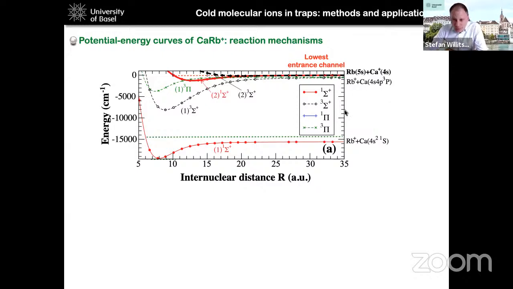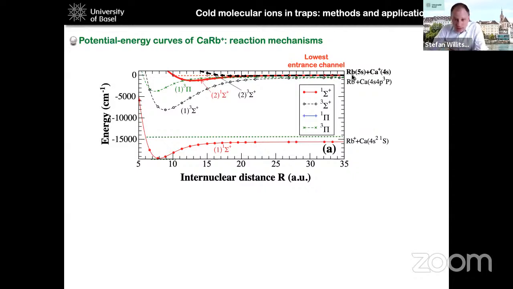And with every one of these asymptotes, we have, of course, molecular states associated with them, and these molecular states go along with their own potential energy curves, as one can see here. In the simplest case of the collision, the rubidium atoms and the calcium ions in their ground state collide with one another.